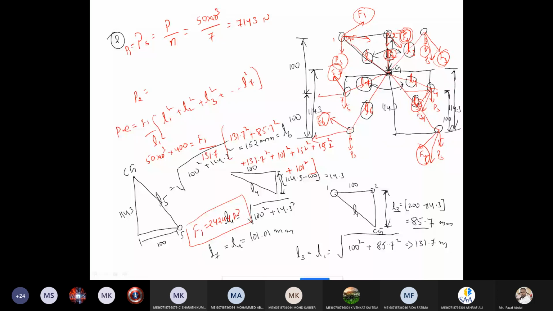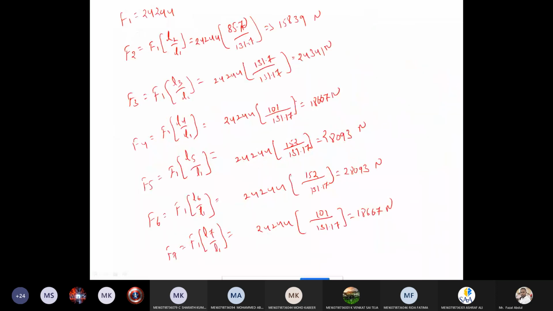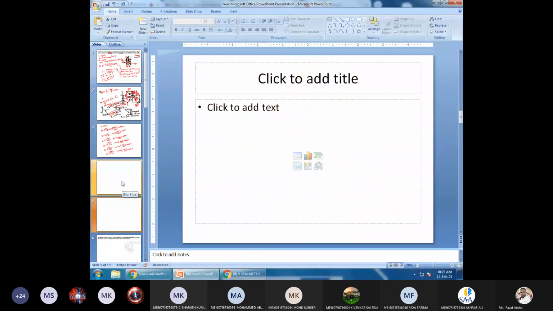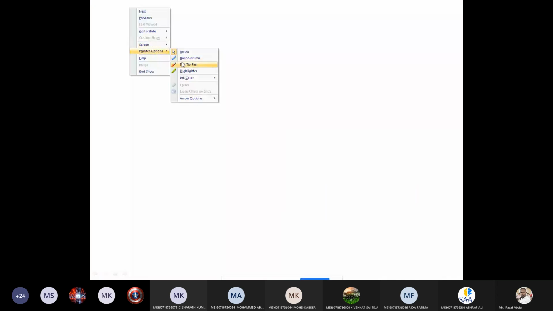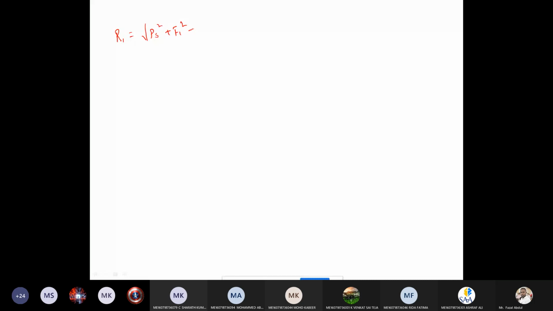So how much is the resultant shear stress? According to the parallelogram theorem, the resultant shear stress equation for the first rivet is R1 equals the square root of Ps square plus F1 square plus 2 Ps F1 cos theta 1.